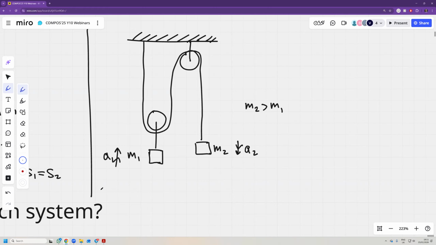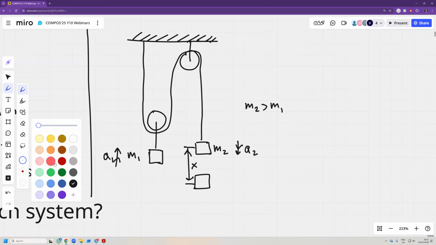But the thing is, if you think about it, if the block M2 moves down by a distance x, that means you're using x meters of rope. But the other mass is attached to two pieces of rope.